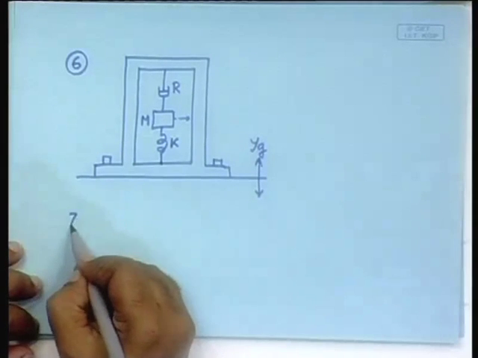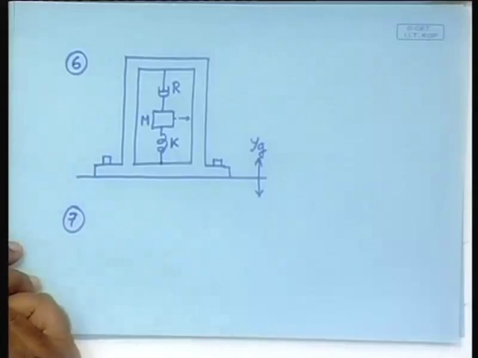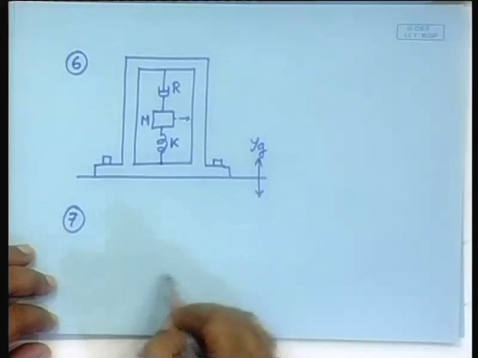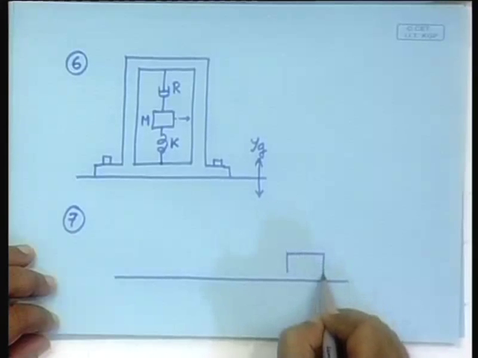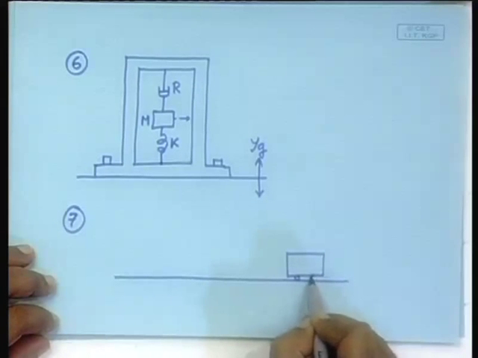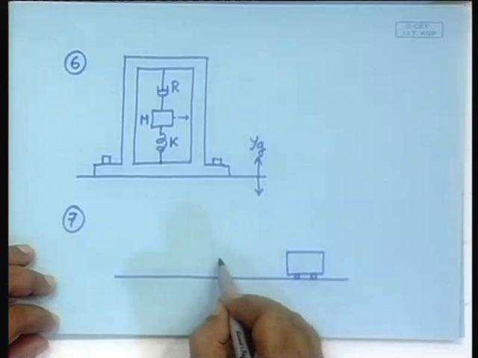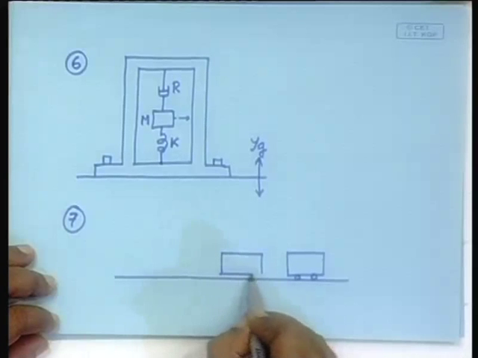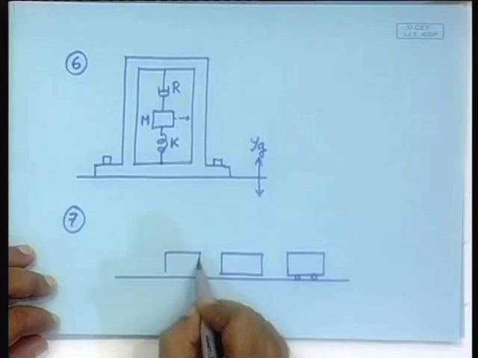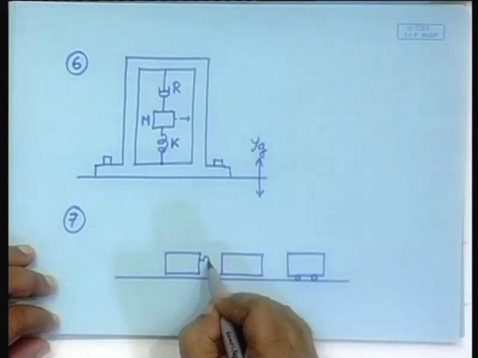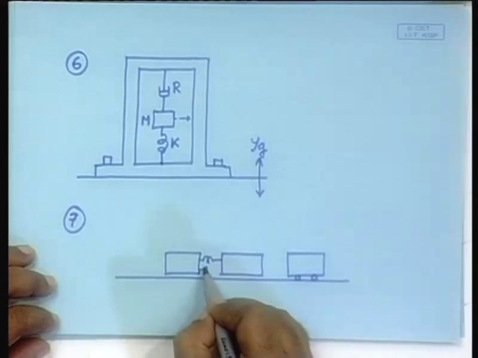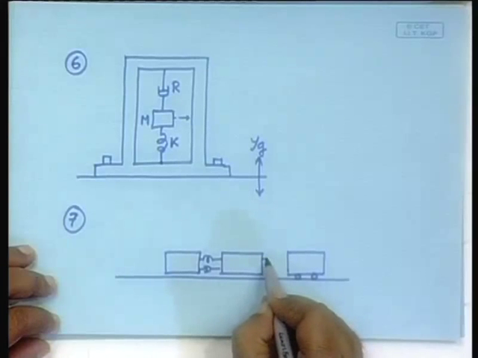Problem 7, the train. Suppose here is the track, here is the engine, and here are the two coaches. How are they connected? They are always connected by a spring damper arrangement.